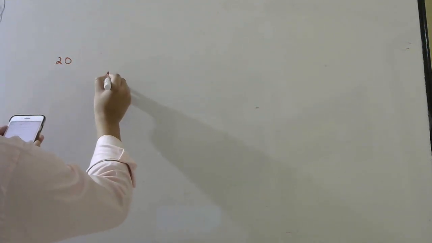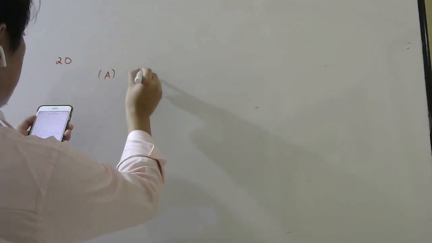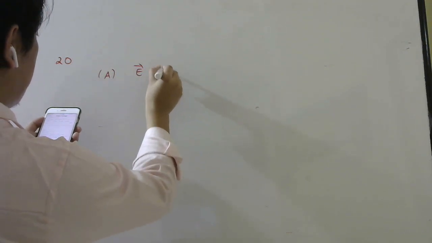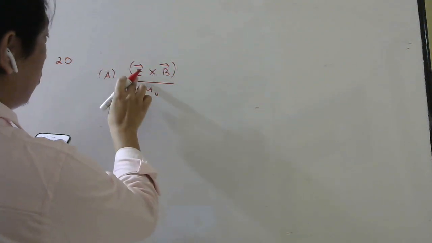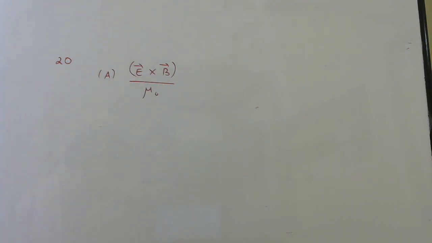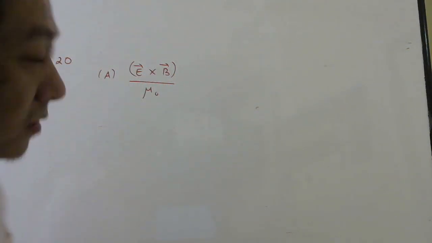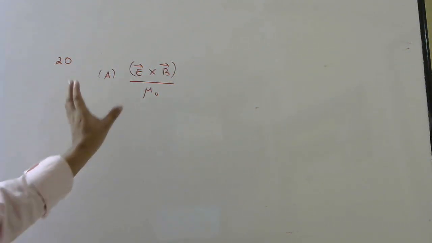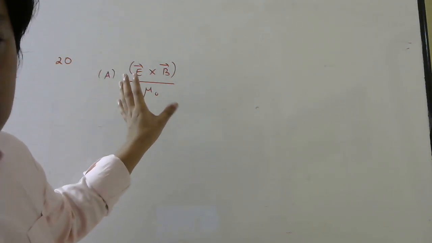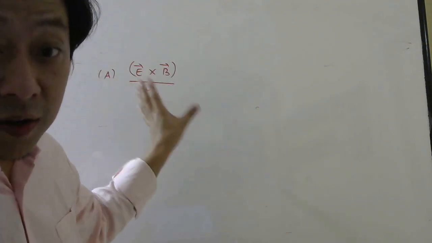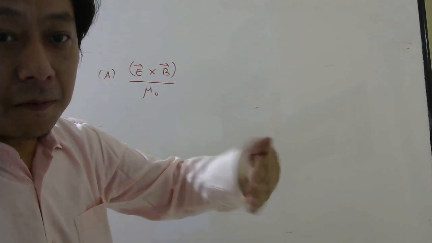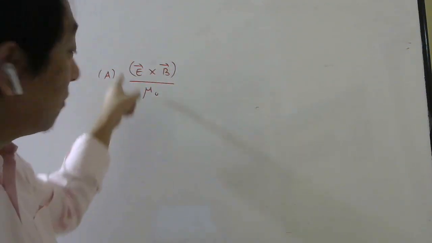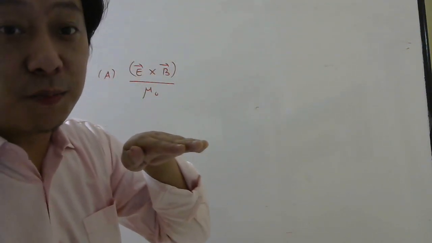They have given you some vectors. The first option is E bar cross B bar by mu naught. Students, if they don't tell you what values these are, you have to consider them as RMS values. Is this the option where they are saying that this is the average intensity? The magnitude of this should be the average intensity, and the direction of this vector should be along the direction of propagation.